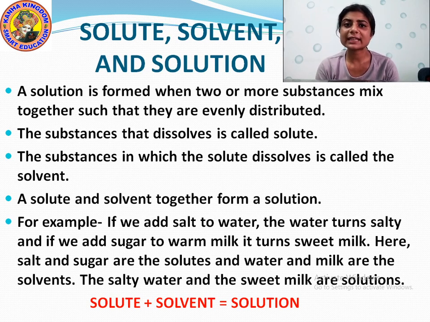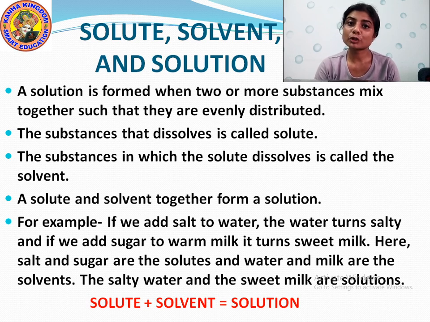Solute is always in less quantity and solvent is in more quantity. When solvent is more, then only a solute can be dissolved in it. You cannot dissolve sugar into a little amount of water. Yes or no? For that you need more solvent and less solute. See, sugar is a solute and water is a solvent.